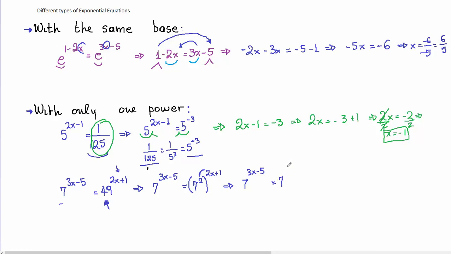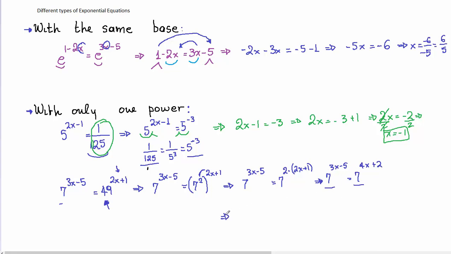So this is 7 to the 2 times, keeping the parentheses in order to avoid any mistakes, and you can take one more step to simplify the exponent on the right side to become 7 to the 4x plus 2. Now, the bases are equal, so I can focus on the exponents again.